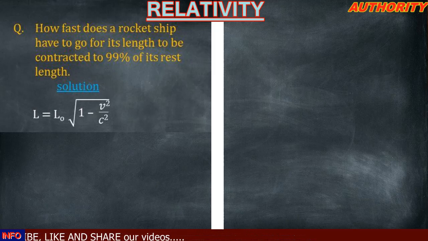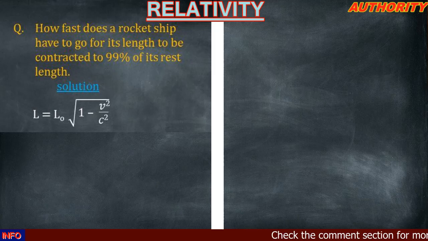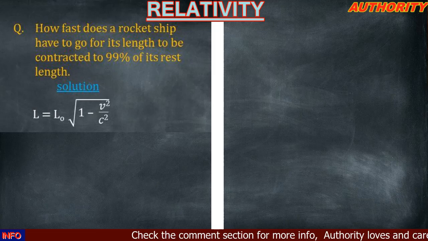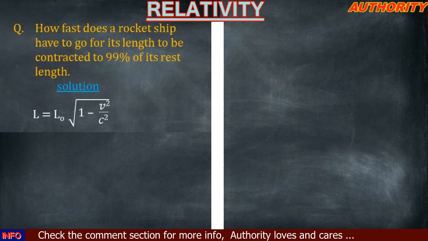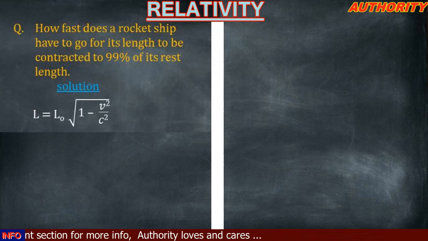Here we say for its length to be contracted to 99% of its rest length. That is to say that the contracted length is 99% of the proper length.